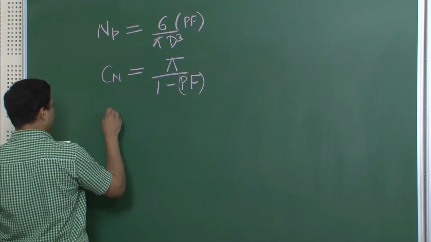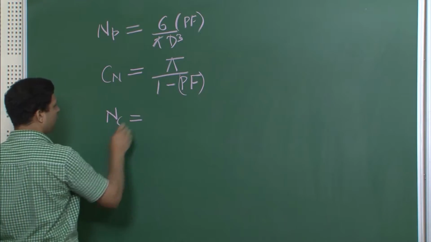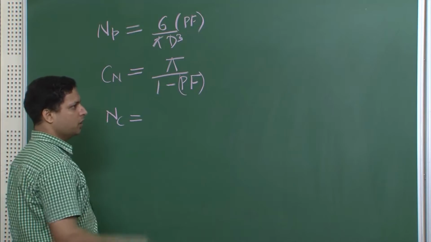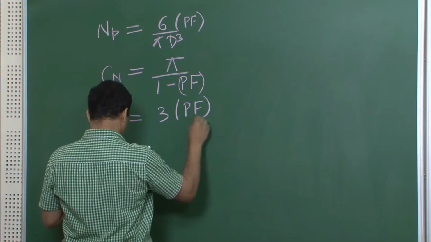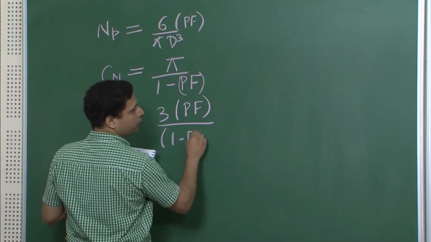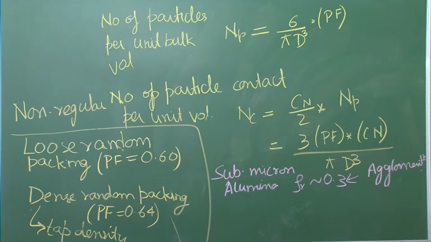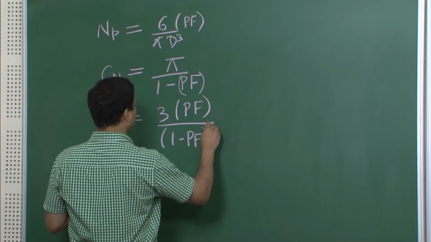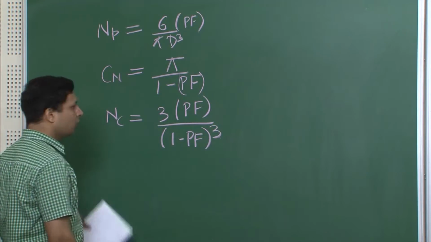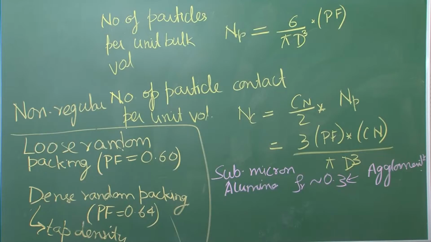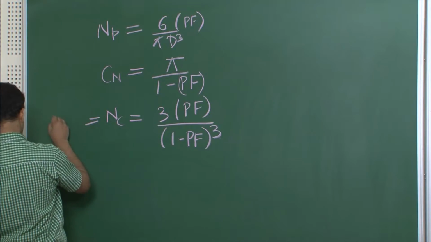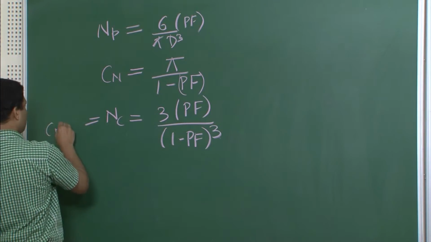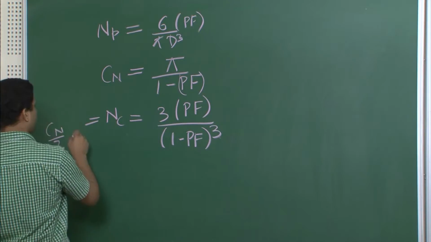This is the coordination number, and if we have the coordination number, then we can also obtain the number of contact points per unit volume, which uses coordination number by 2. So, Nc is Cn by 2 times Np.